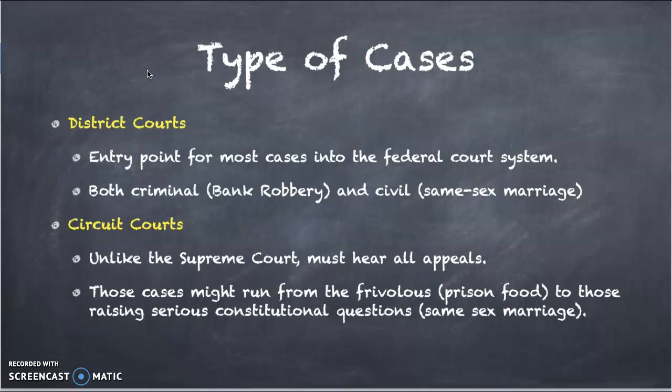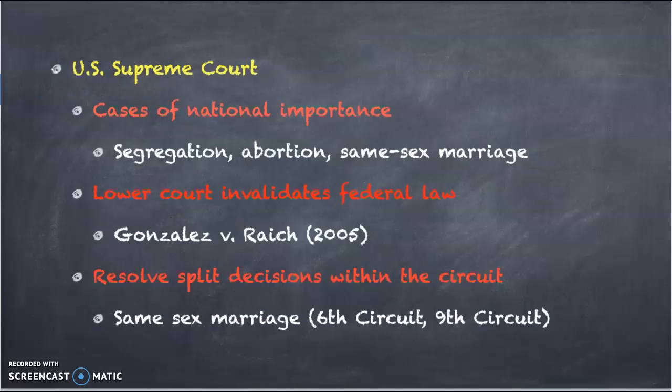To those types of cases that raise serious constitutional questions, such as same-sex marriage. So circuit courts are pretty backlogged because of the number of appeals that are filed. And again, unlike the Supreme Court, they have to hear or at least review each of those appeals. So those are the types of cases.